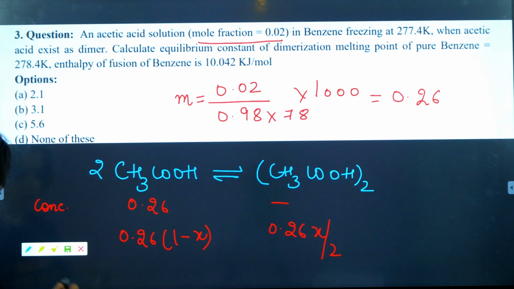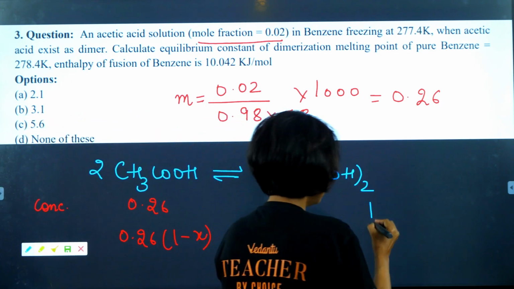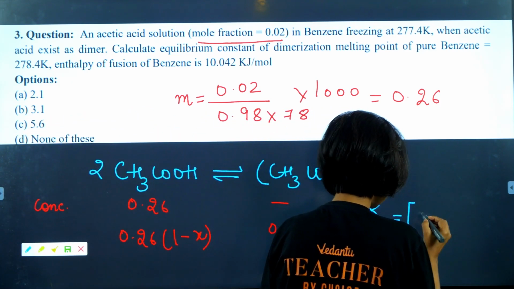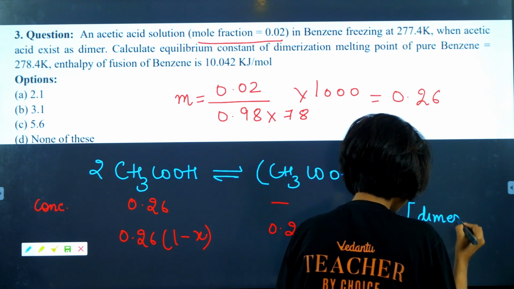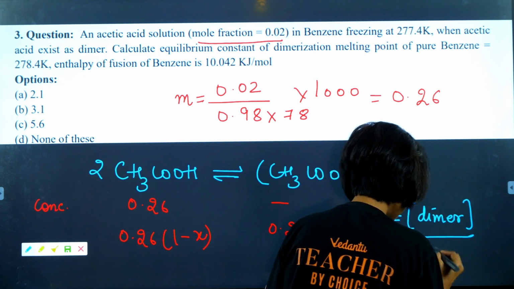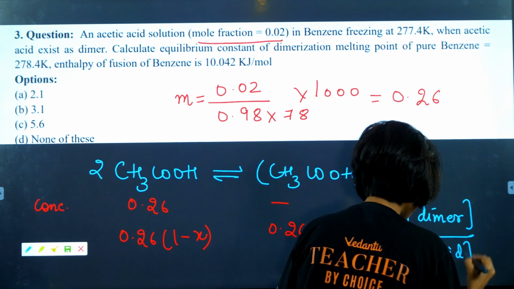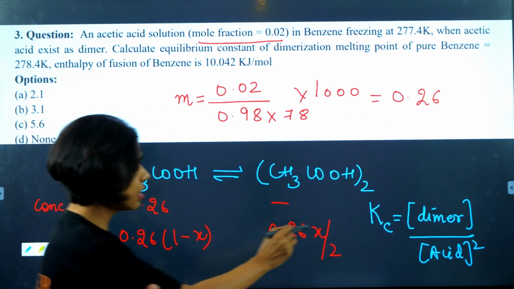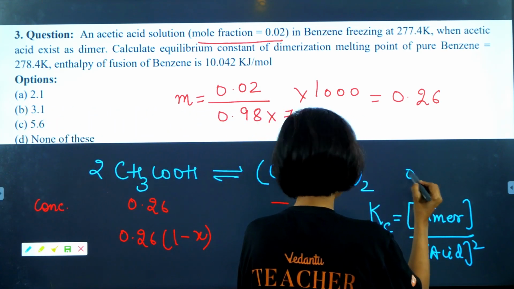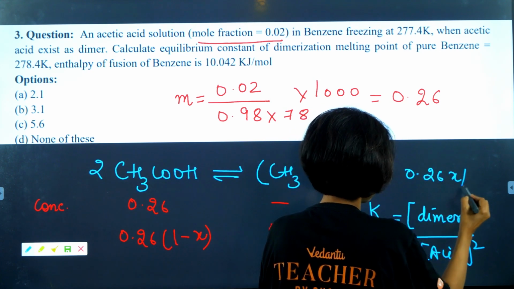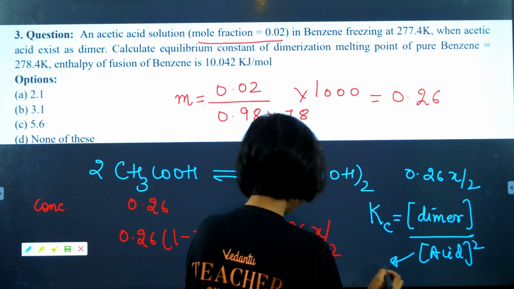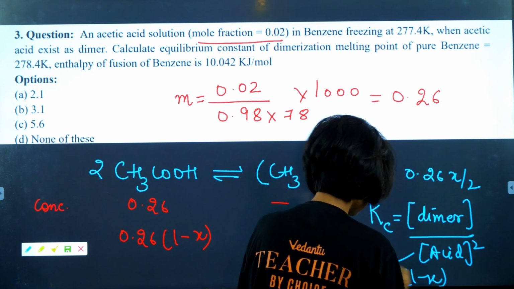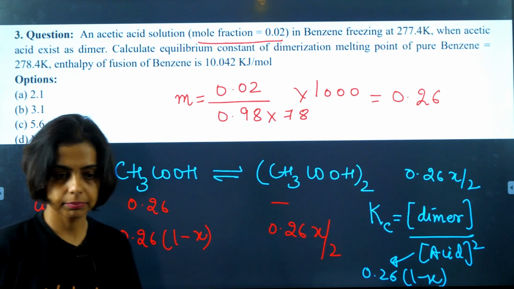Now, because the question asks for the equilibrium constant, how can you calculate it? It is the concentration of the dimer upon the concentration of acetic acid raised to the power 2. The concentration of the dimer is 0.26 x by 2 and the concentration of acetic acid is 0.26 (1 minus x), squared.